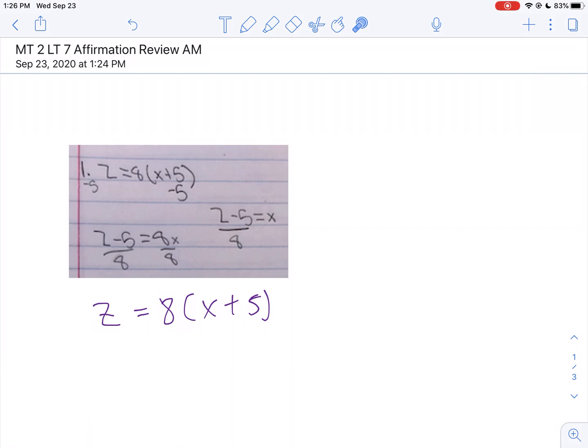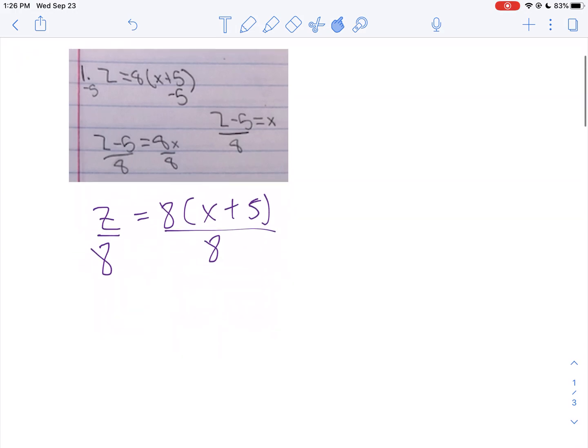So let's divide both sides by 8 first, which tells me you understood how to do that part, because then you get z over 8 equals, now the 8's reduce, so you get x plus 5.